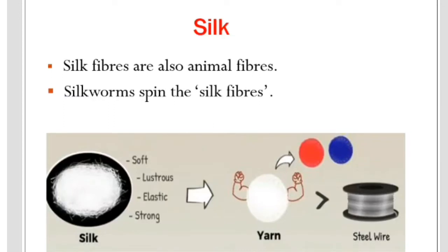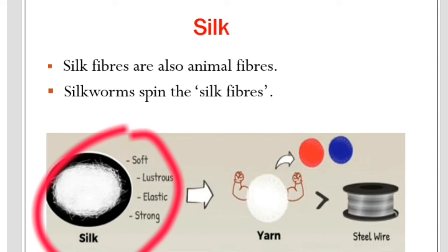Next point is silk. Silk fibers are also animal fibers. Silkworms spin the silk fiber. The silk fiber from the cocoon of this moth is soft, lustrous, elastic, and strong.